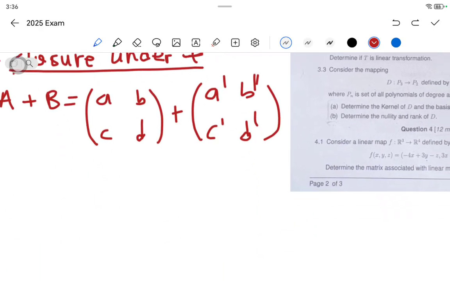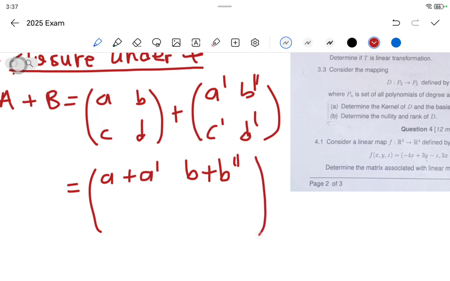Then you add these. Then you get A plus A prime, B plus B prime, C plus C prime, D plus D prime. And they say that when we multiply the middle ones together, we must get a 0.